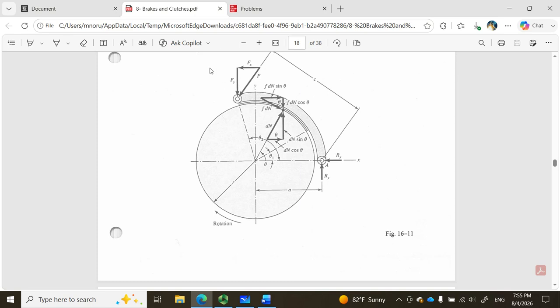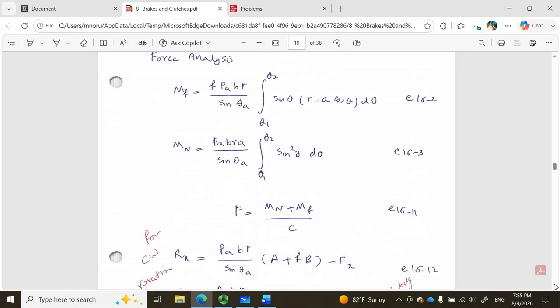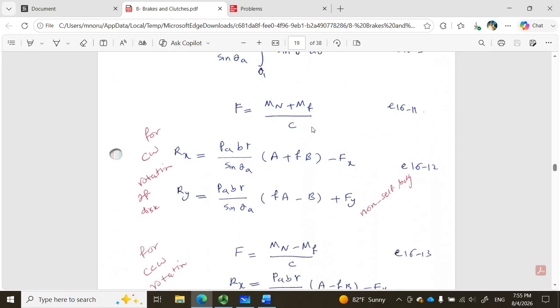So look at here, the formulas I have under this section, 16.2, 16.13, it's like a moment caused on the arm by friction, moment caused on the arm by the normal force, and then the relationship between actuating force and those, Mn and Mf.